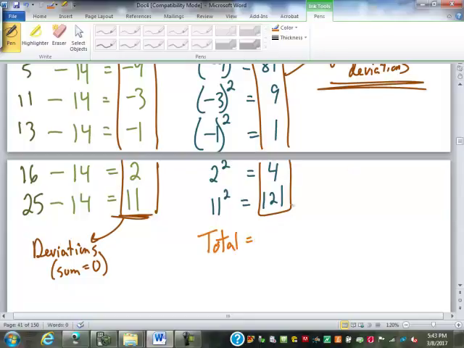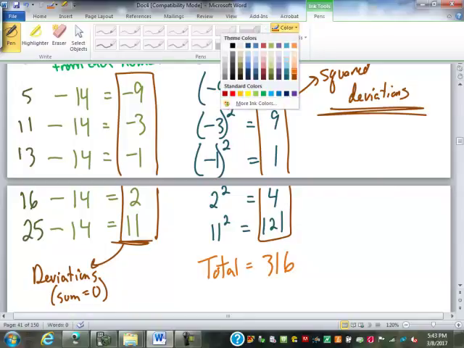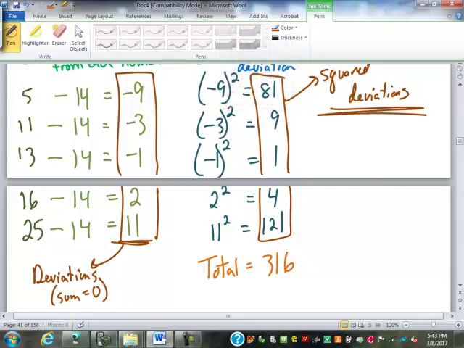The total here, if I add those all up, is what? 90, 125, 315, 316, I believe. That is what is often referred to as the sum of the squared deviations.